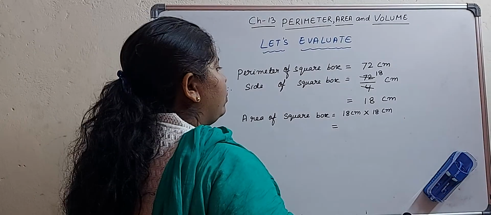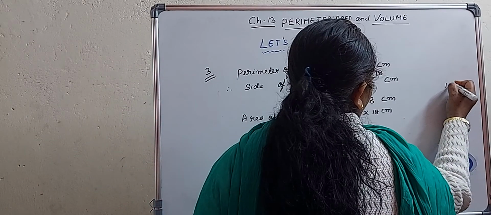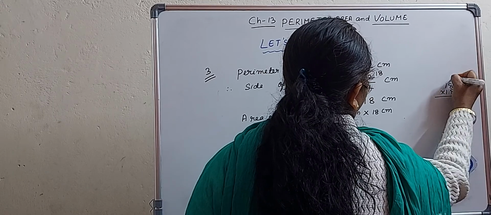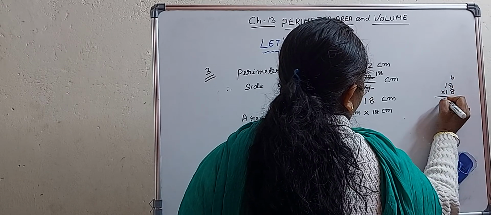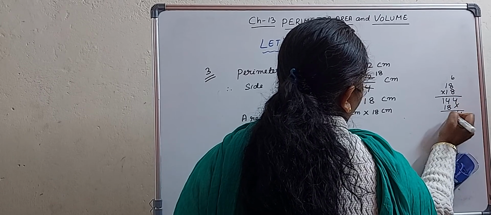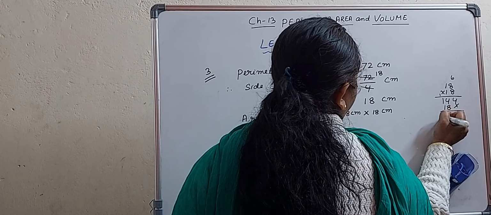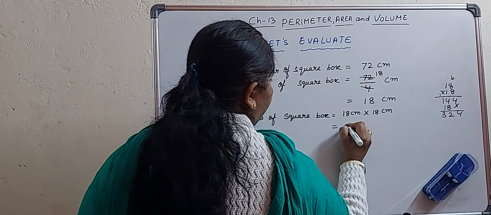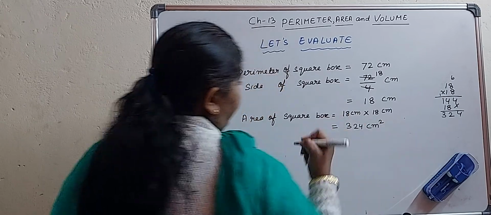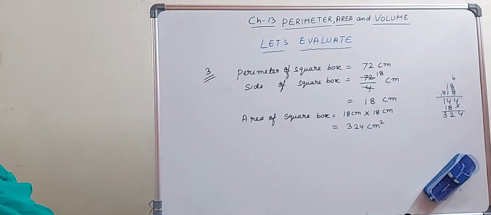So let us take out this 18 into 18. 8 8s are 64. 8 1s are 8 plus 6 is 40. 18 1s are 80. 4 12. Okay, 324 centimeter square. And this is our answer.